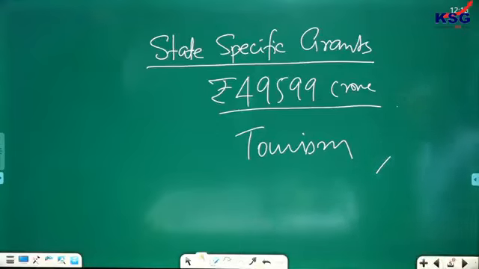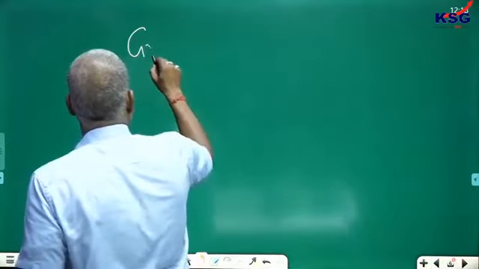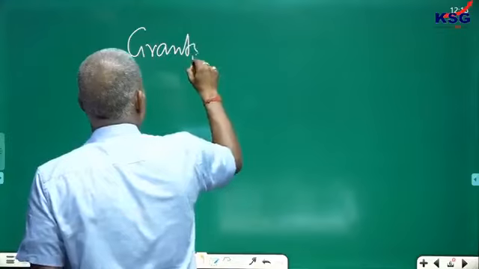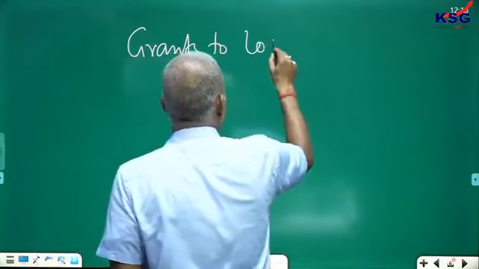Grants to local bodies. Then, as per the third responsibility, grants to local bodies.